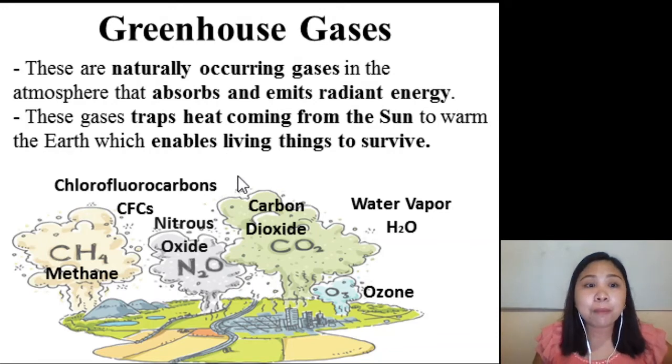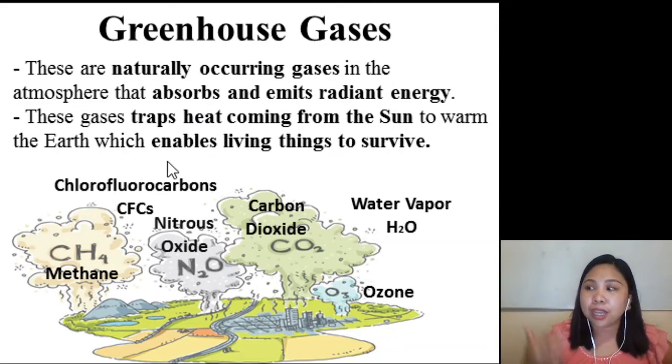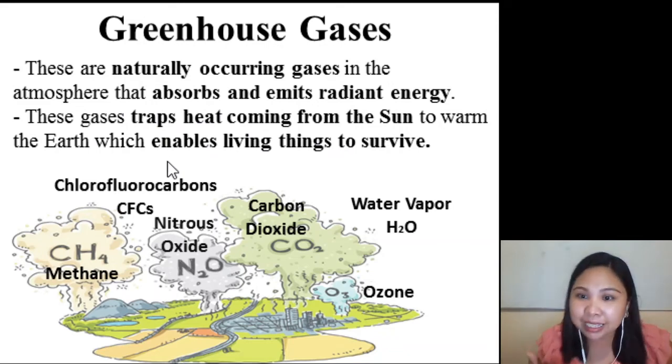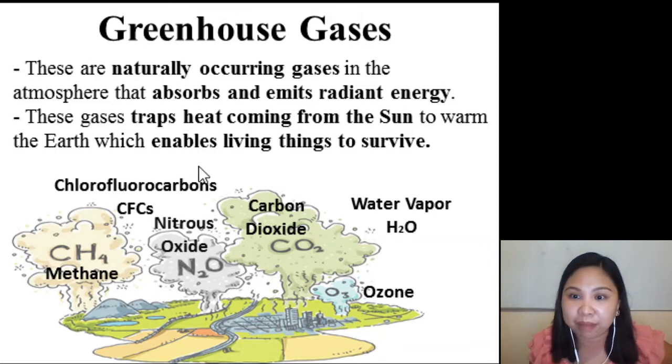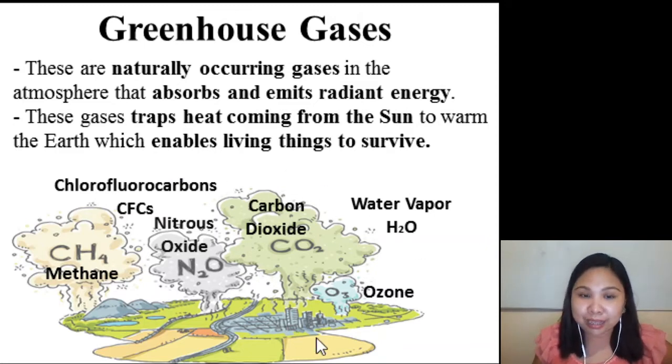Because pag wala pong init sa ating earth, so pag walang mainit, hindi tayo magsusurvive. So etong tamang init lang na natatrap ng mga greenhouse gas, it enables us, living things, including animals, plants, microorganisms, to survive. Okay, so mamaya may ipapakita ko sa inyo.